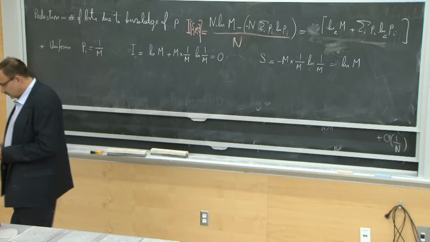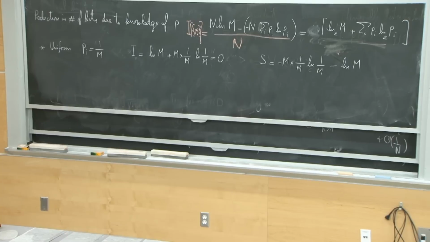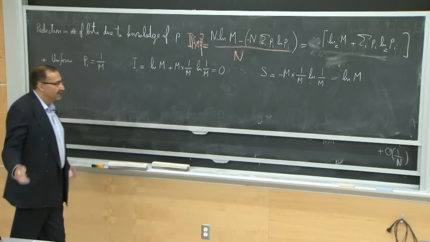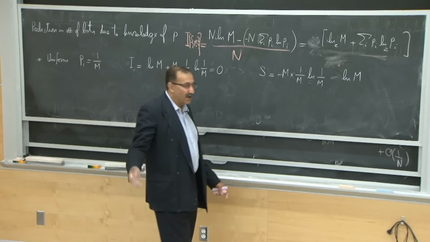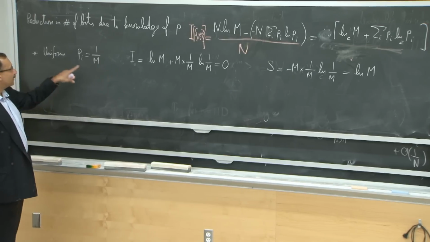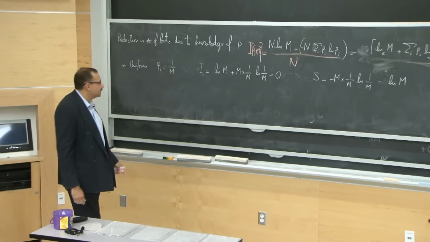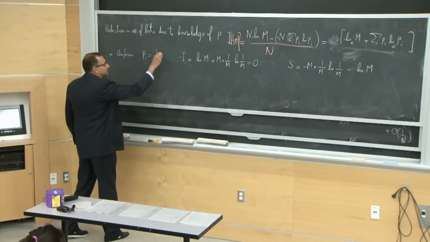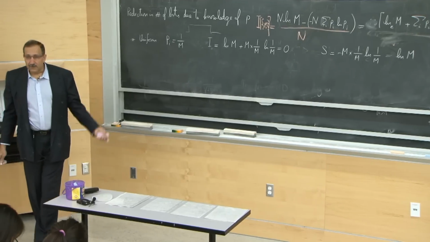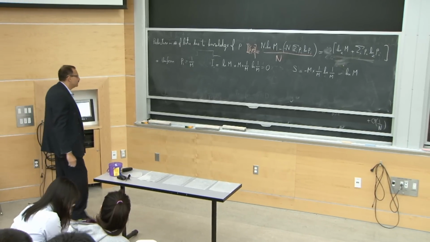So you've probably seen this version of the entropy before, that if you have m equal possibilities, the entropy is related to log m. This is the case where all of the outcomes are equally likely. So basically, this is a uniform probability. Everything is equally likely. You have no information. You have this maximal possible entropy.